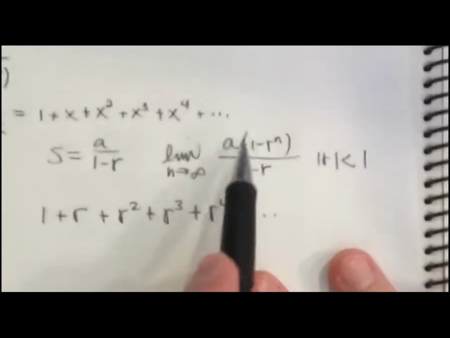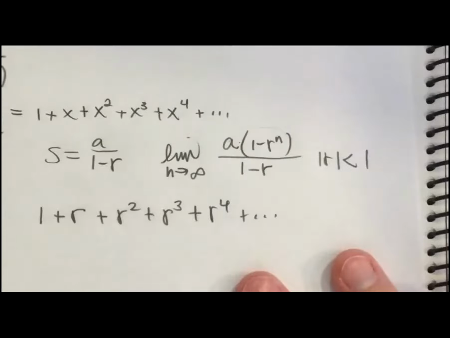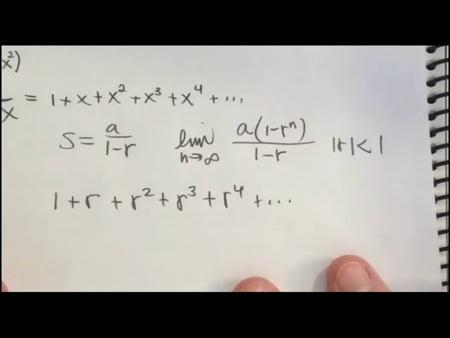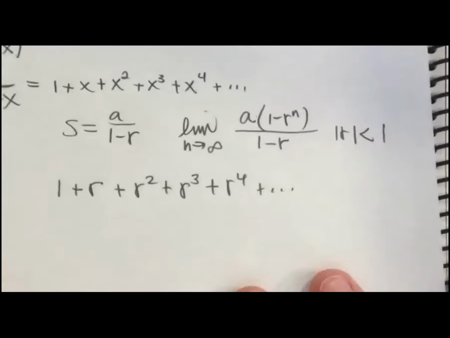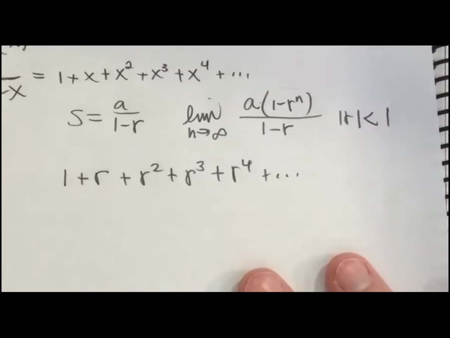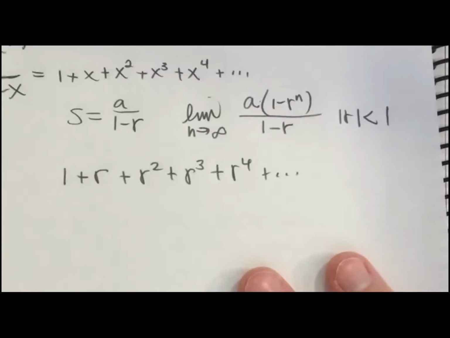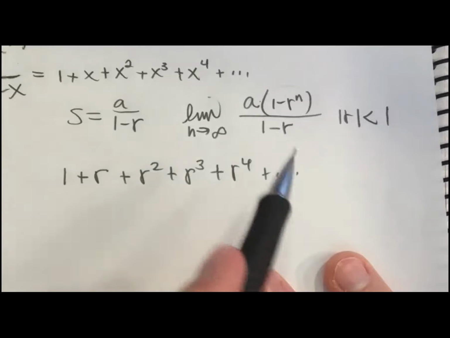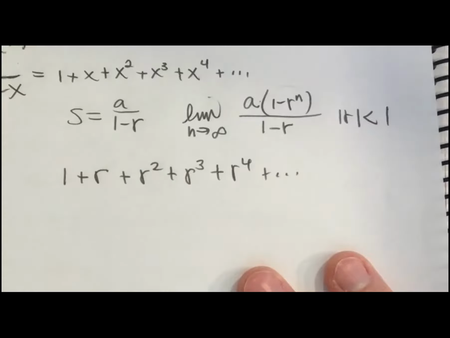But then how do we get this formula? I realized that if r was less than 1 and you multiplied it by itself an infinite number of times, it would become 1. So that becomes 1 minus 1, it becomes nothing.